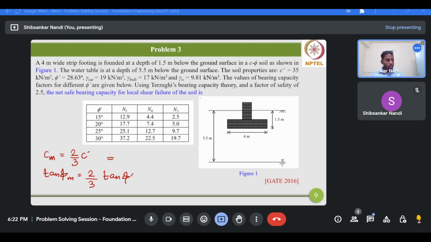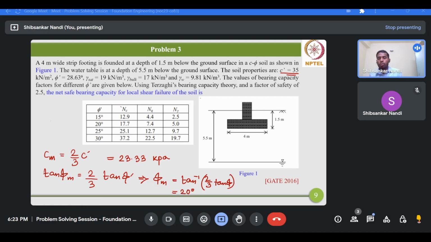So the Cm value would be 23.33 kPa, because the C prime value is given as 35 kPa, and this mobilized friction angle phi m would be tan inverse of 2/3 tan phi, approximately 20 degrees.